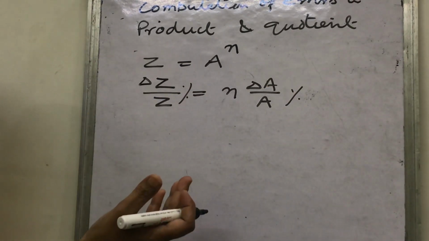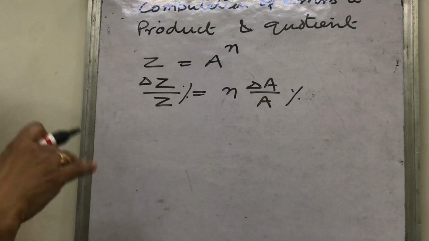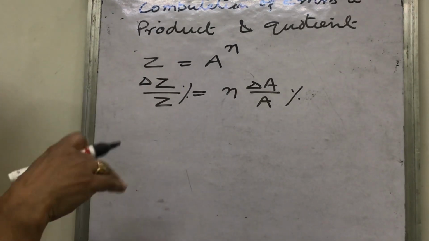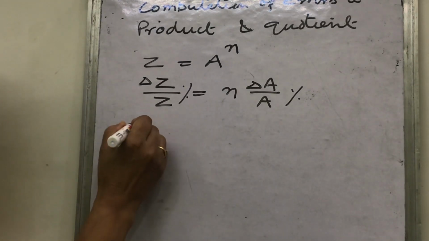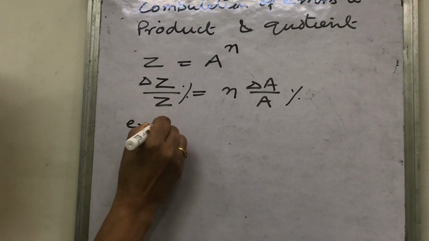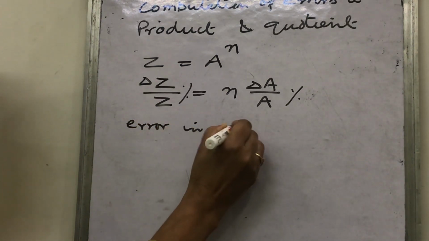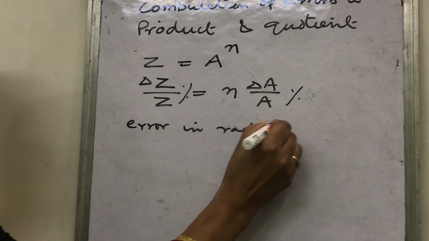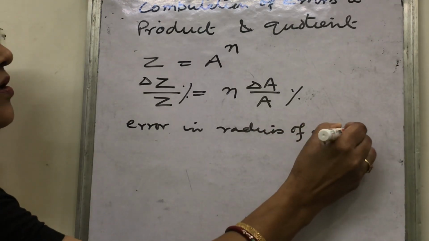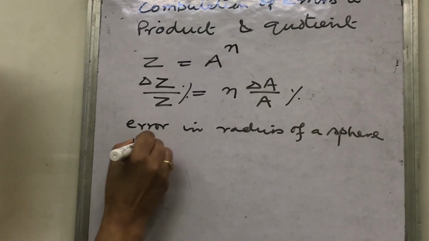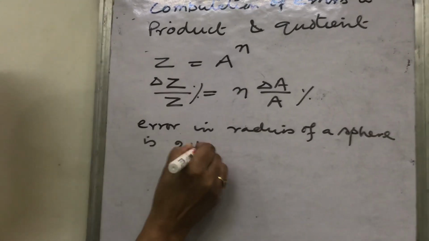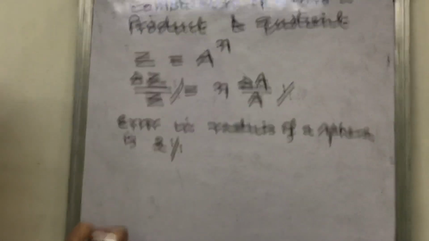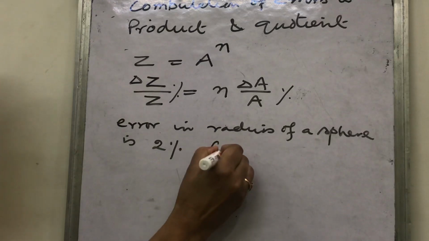Look at the rule. It is given in a question that there is a sphere and the error in its radius is 2%. Find the error in its area.